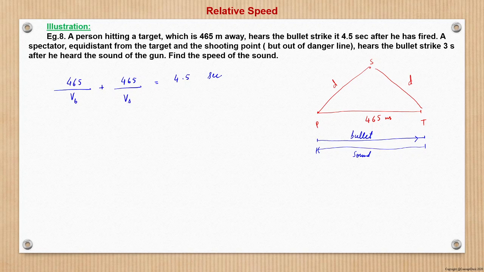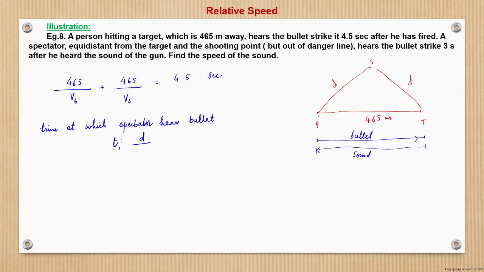Now a spectator equidistant from the target and shooting point hears the bullet strike 3 seconds later. So now, when will the spectator hear? The time at which the spectator hears the gun sound, say T1, is nothing but D upon the velocity of sound, right?